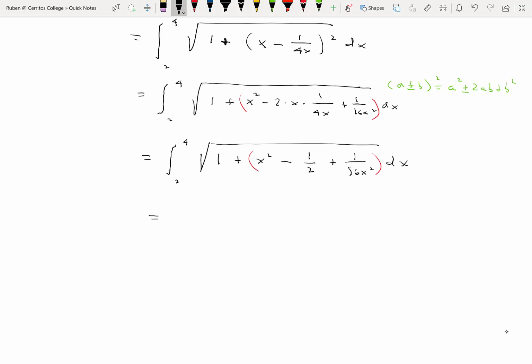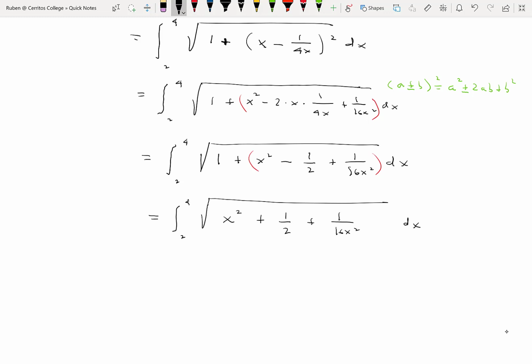I'm going to actually perform that subtraction, and I'm going to move that result so that it replaces that minus 1/2. Now, if you didn't follow along, combine like terms. 1 take away 1/2 is 1/2, plus 1 over 16x squared.